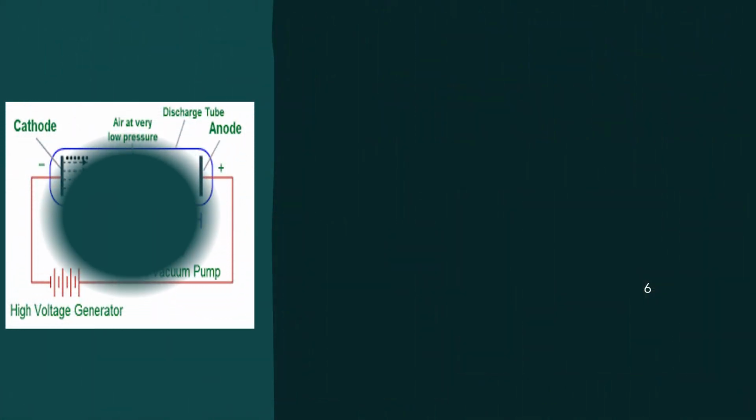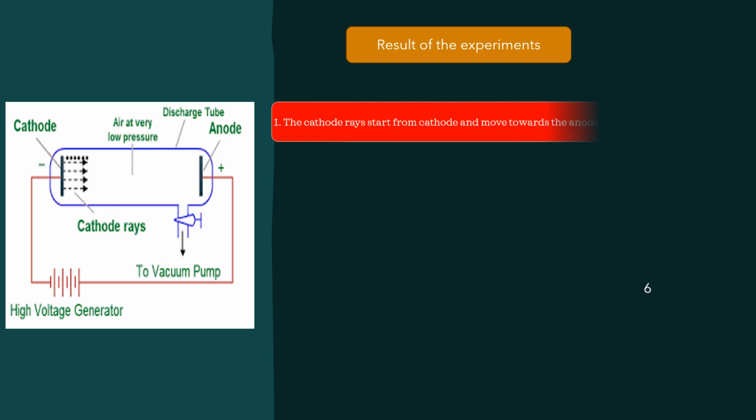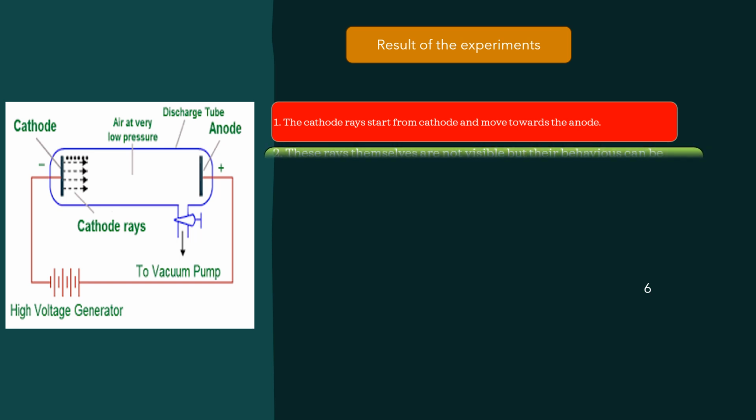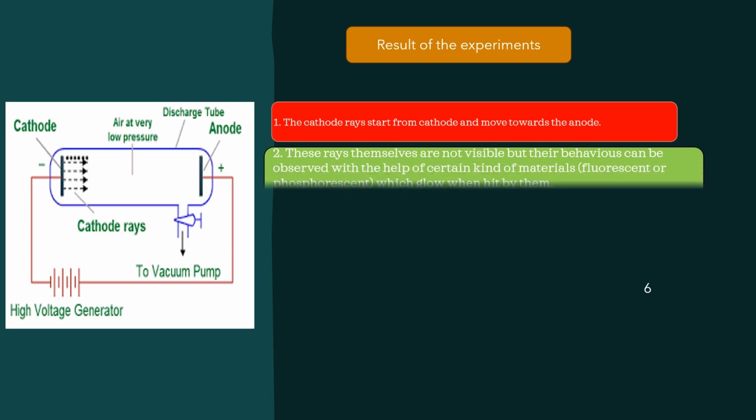The results of these experiments are summarized below. The characteristics of cathode rays: the first one is that cathode rays start from the cathode and go to the anode. The second is that these rays themselves are not visible, but their behavior can be observed with the help of certain materials, that is fluorescent or phosphorescent materials.